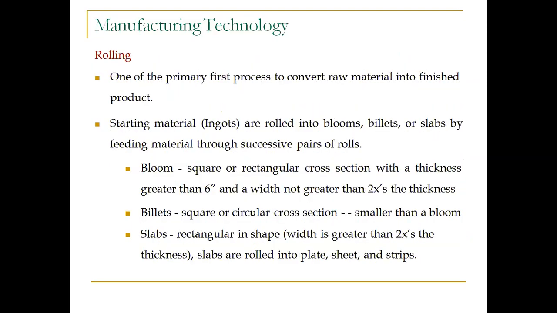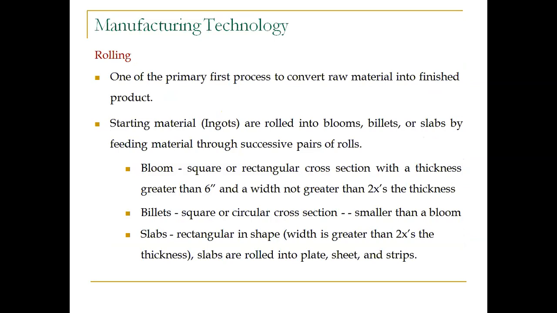And next, one of the primary first processes to convert the raw material into finished product. Basically, our purpose for using a manufacturing process is conversion of raw material into the final or desired product with the help of any manufacturing process.